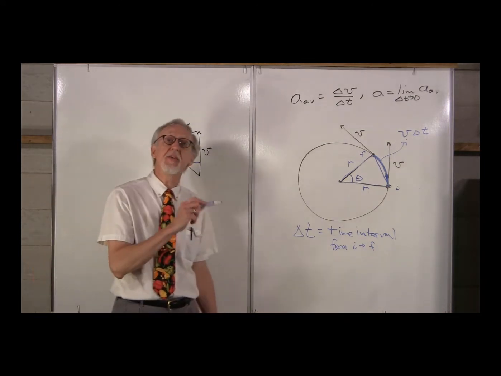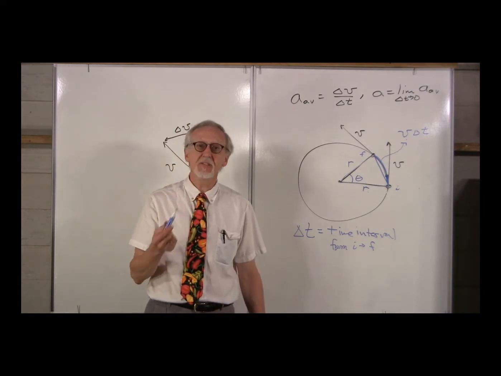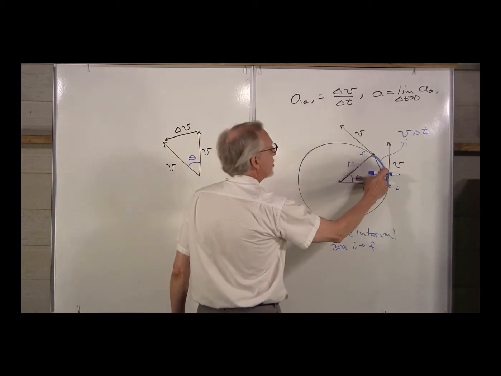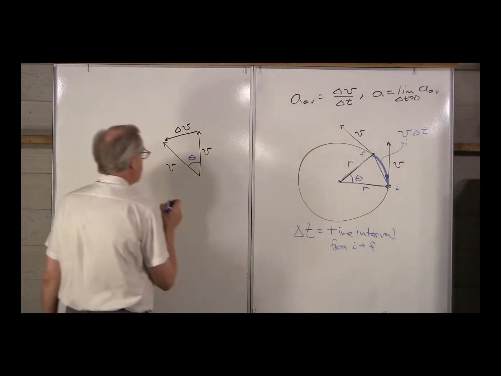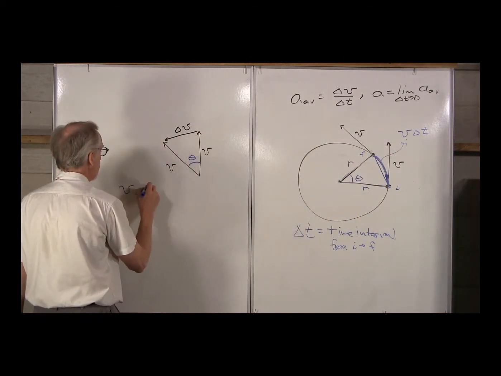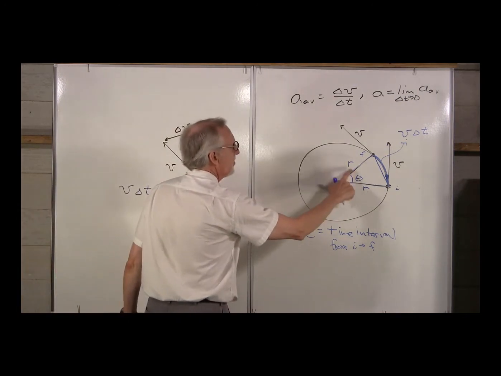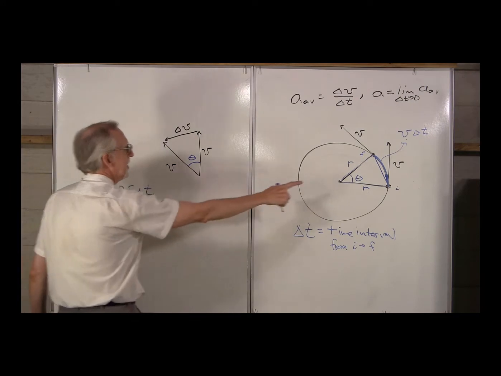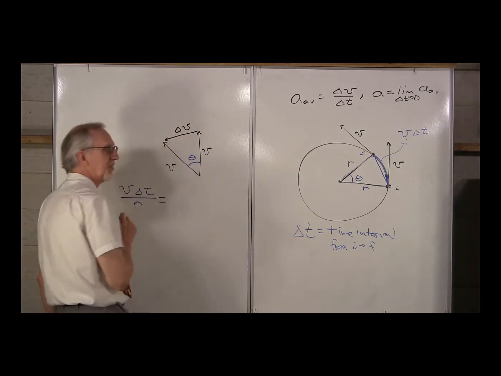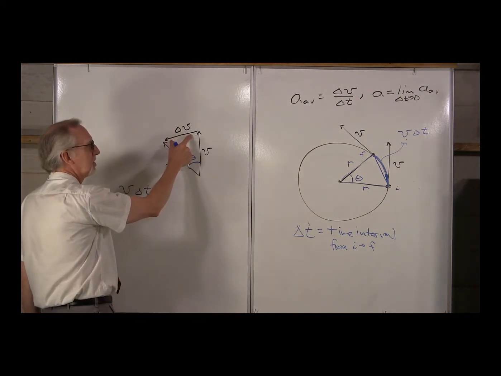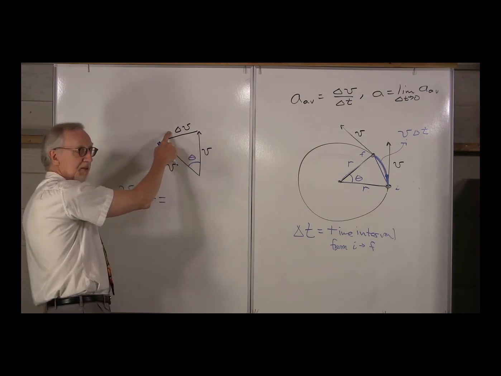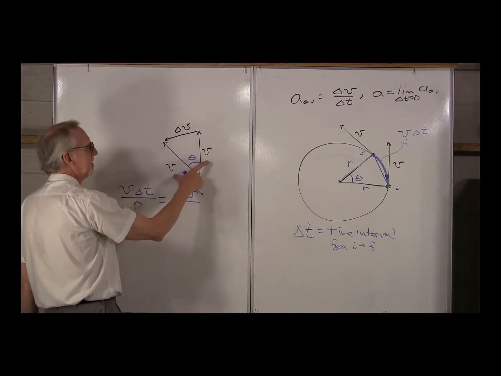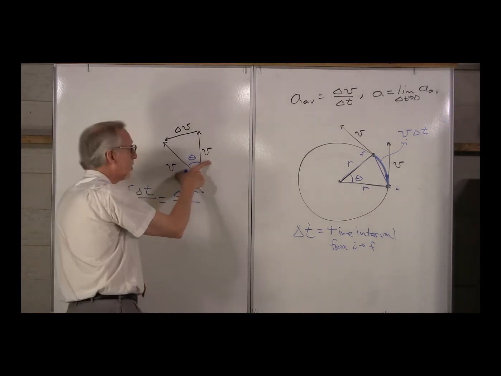What can we do? Well, we can say that the ratio of the lengths of the sides have to be the same. In other words, the length of the short side, which is v delta t, to the length of the side that's equal for this triangle must be the same as the length of the short side here, which is delta v, over the length of the side that is equal, which is v.